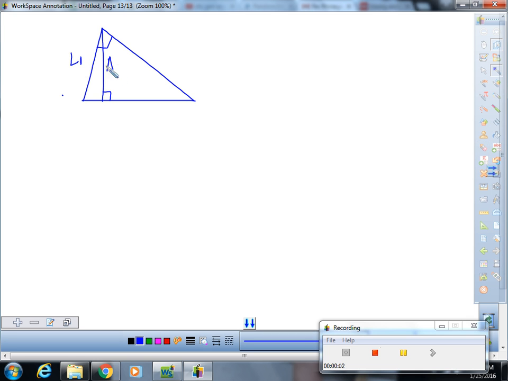This we're going to call A for altitude. This we're going to call leg 2. This whole thing we're going to call the hypotenuse. This we're going to call P1 for part 1, and this is P2 for part 2.